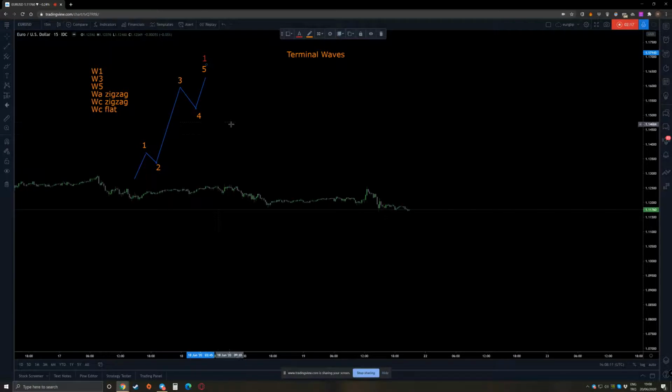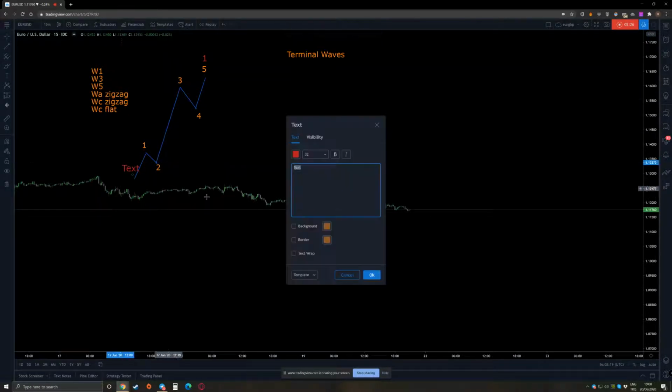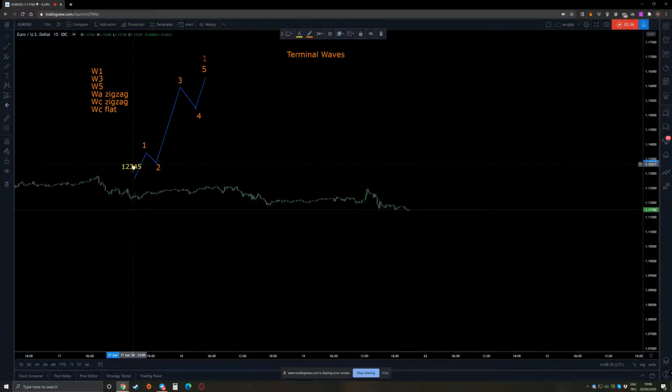Now, classical impulsive moves are labeled with numbers 1, 2, 3, 4, 5. But what makes them special is one lower degree. So let's go back to one lower degree now. First waves are impulsive on their own, like here.